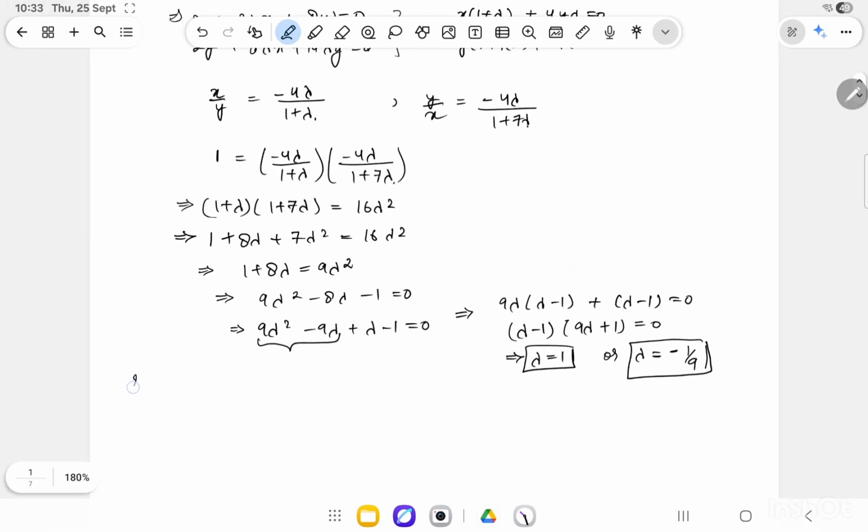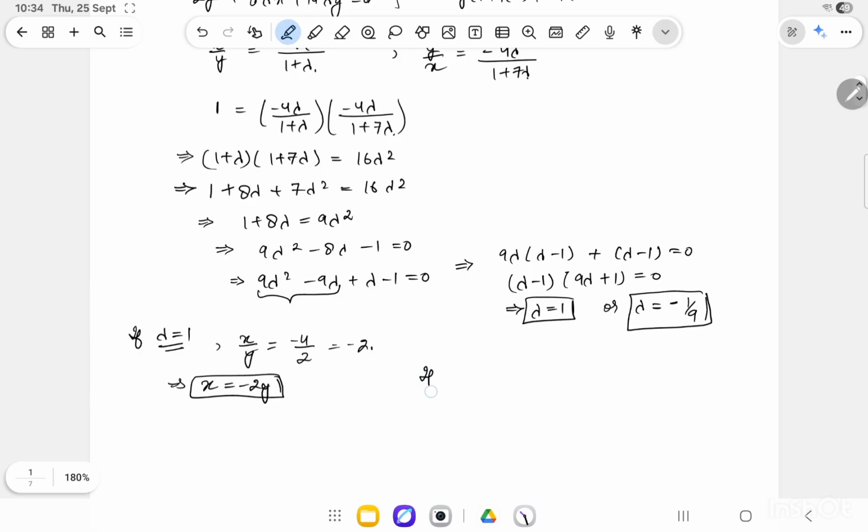So if lambda equals 1, then x by y will be minus 4 by 2, that is minus 2. So that basically gives us x equals minus 2y.